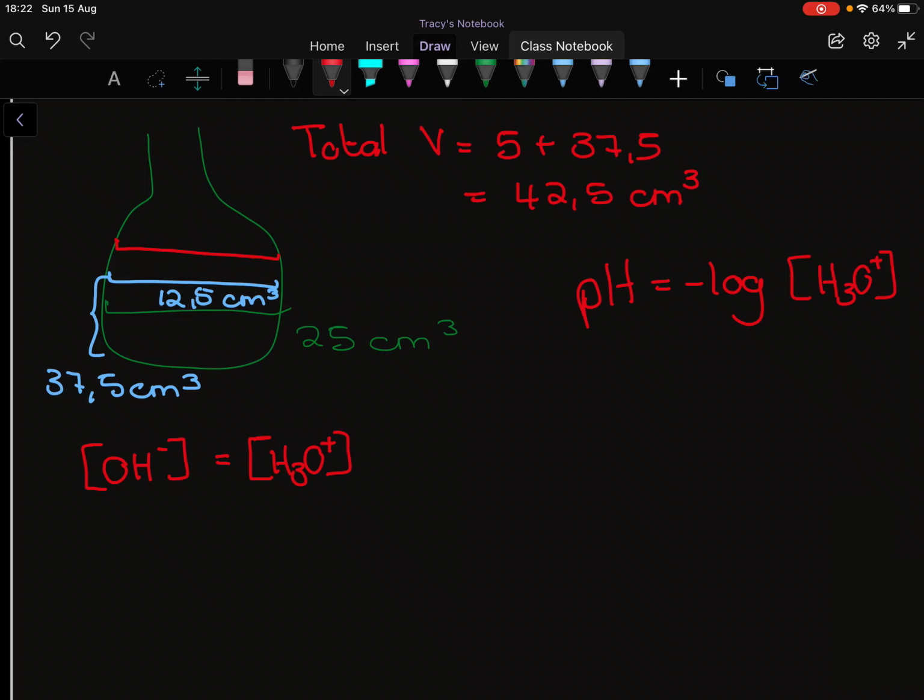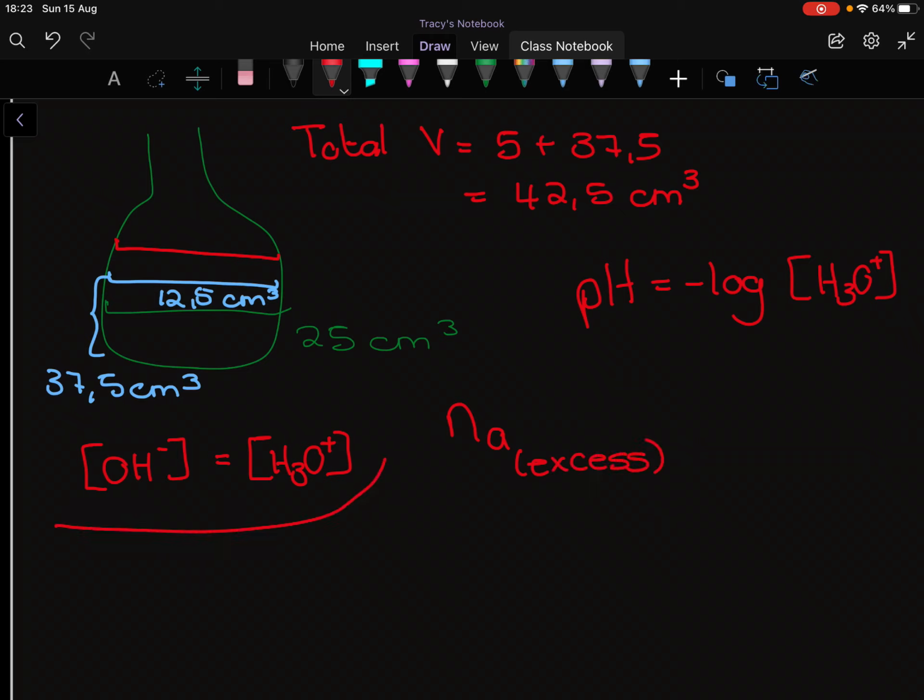I've added a lot more. Okay? So what I need to know is how much did I add and how much actually reacted. Alright? And there's more than one way to work this out, but the easiest is this. I added an extra 5 centimeters cubed. I didn't need that extra 5 centimeters cubed. So that is my excess number of moles of acid. So the number of moles of acid that was in excess, this is the extra I put in.